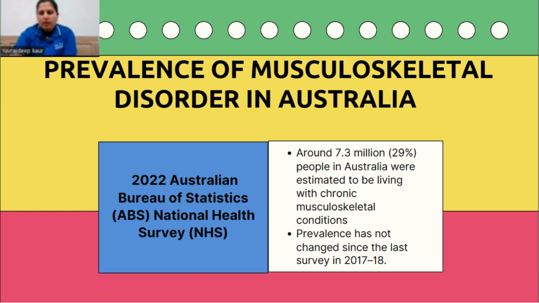Prevalence of musculoskeletal disorder in Australia. According to the 2022 Australian Bureau of Statistics National Health Survey (NHS), around 7.3 million, that is more than one quarter, 29% of people in Australia were estimated to be living with chronic musculoskeletal conditions. However, these statistics have not changed since the last survey, which was done in 2017 and 2018.